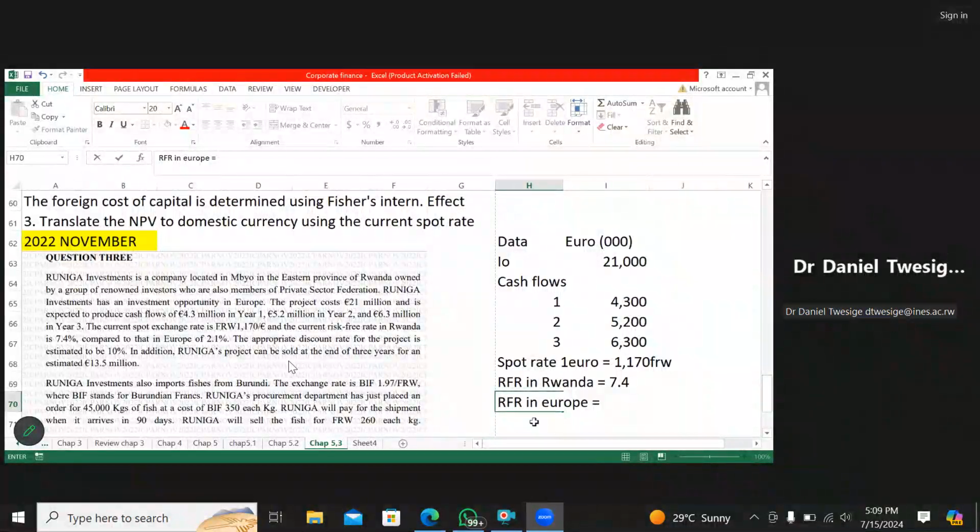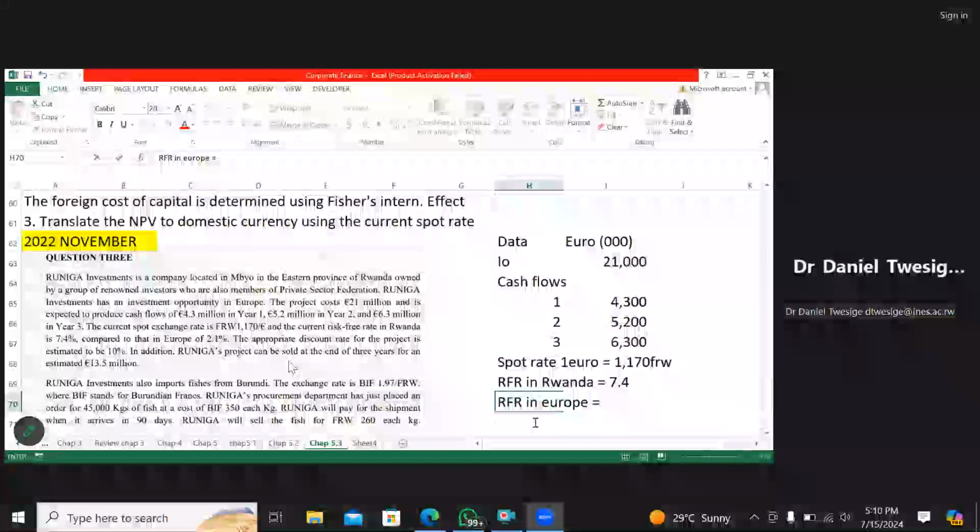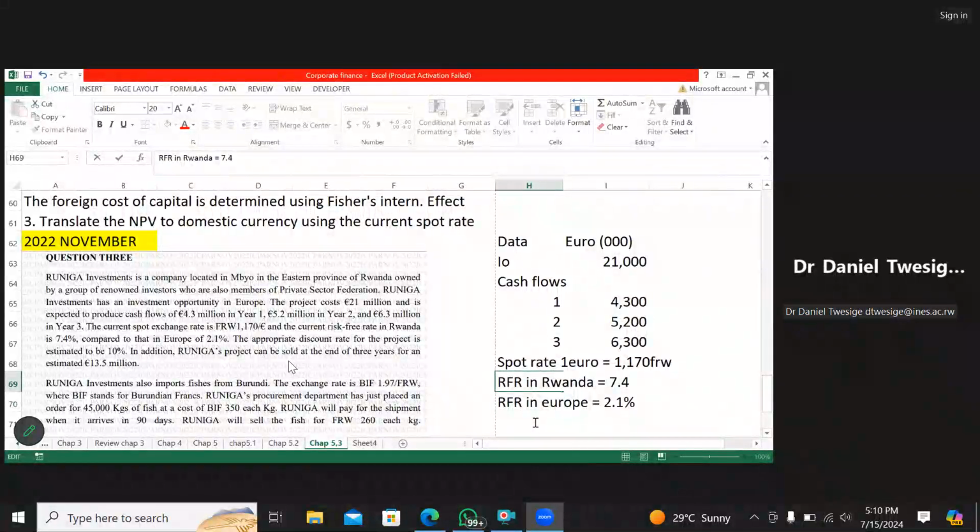The project discount rate, our cost of capital, is 10%. And the residual value, RV, is 13.5.